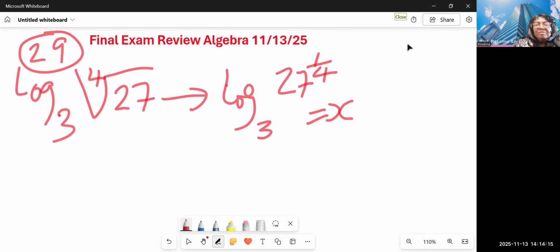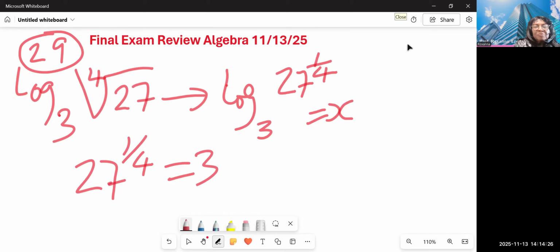So let's see. So 27 to power 1/4 is equal to 3 raised to power x. So I have changed the logarithmic equation to an exponential equation.